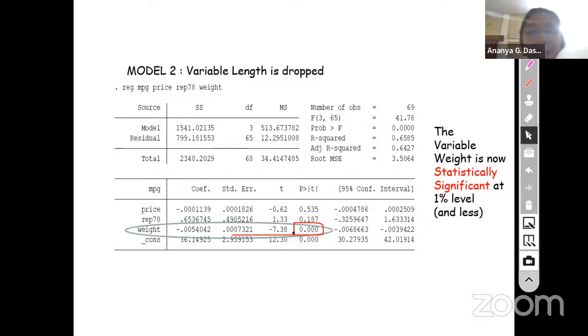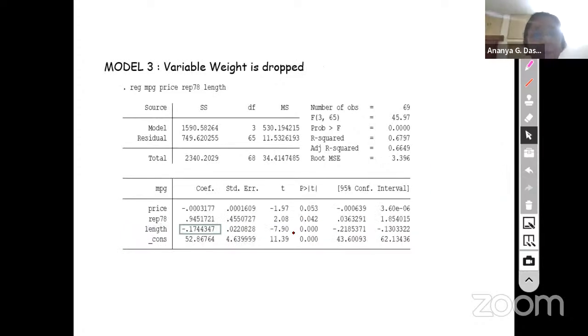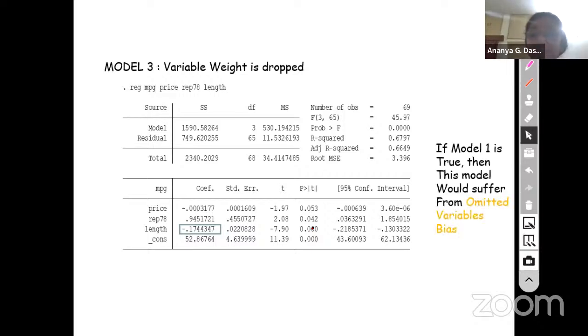Once you drop weight, you can see that length is significant, and that's another sign that the two of them are correlated. However, if weight and length are both important, then dropping one of them gives you serious omitted variables bias, because they are highly correlated and the dropped variable is sitting in the errors, which gives you biased coefficients.